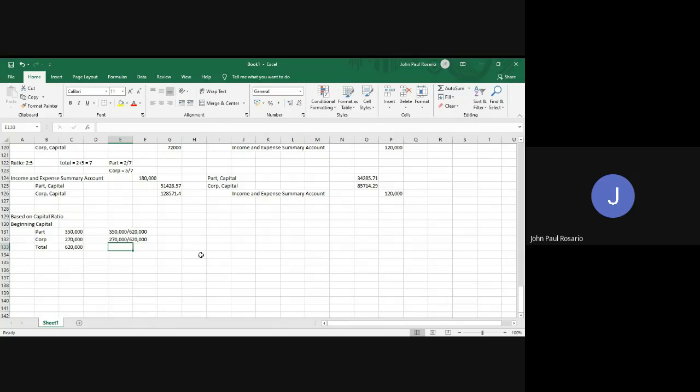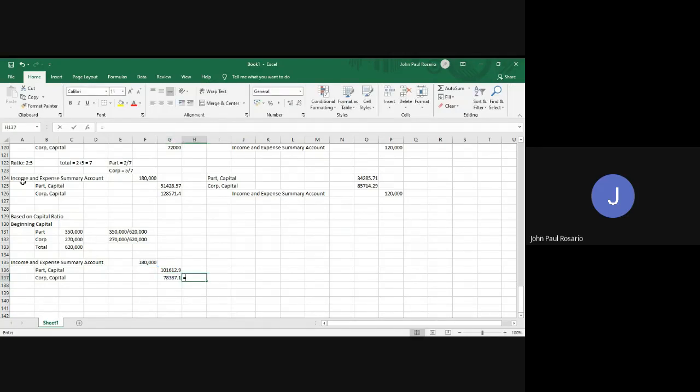Okay, so with that, same with this. Okay, so 180,000, and then his share is that times 350 divided by 620,000. And for Corp, it's this one, 180 times 270 divided by 620,000.